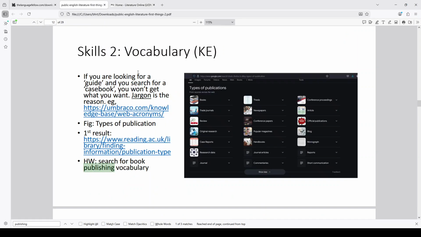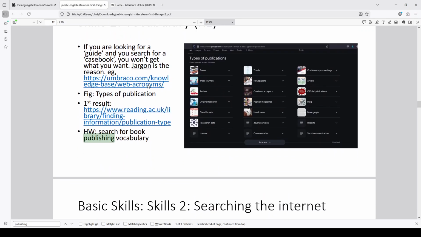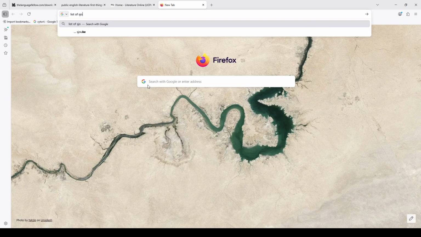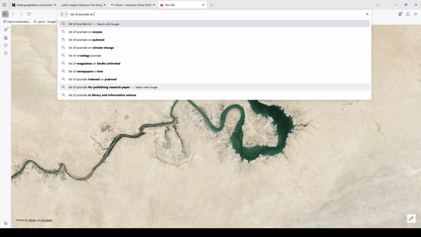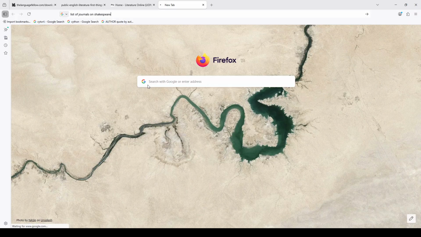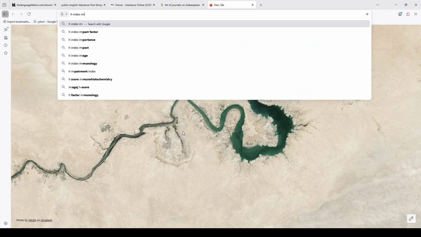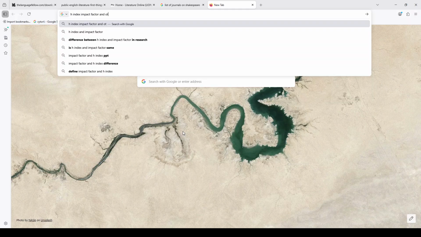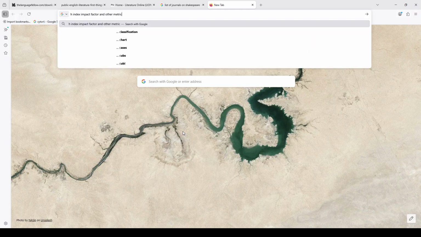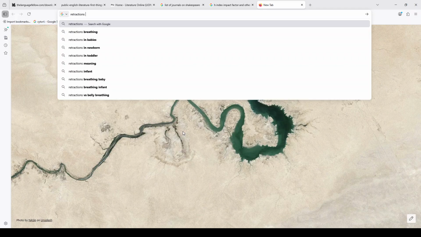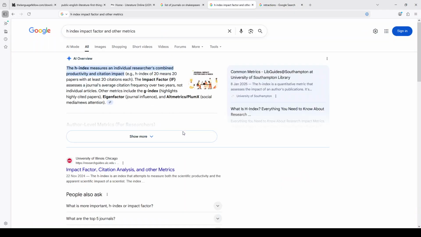So literary journals, list of literary journals, you can find out as many as you want. List of journals, journals on Shakespeare. Then you have H index, you have impact factor, and you will be required to know these things and other metrics. And then there are retractions, and so much to find out about.